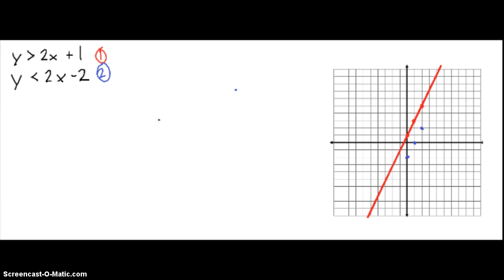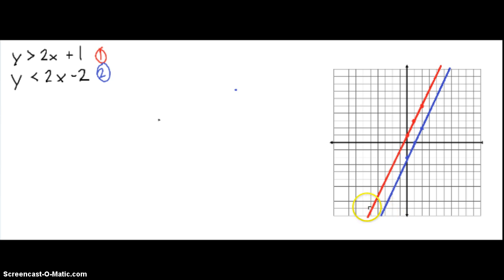And we'll put our line in. And based on the slopes of those two lines, you should have been able to reason that those are going to be parallel lines.